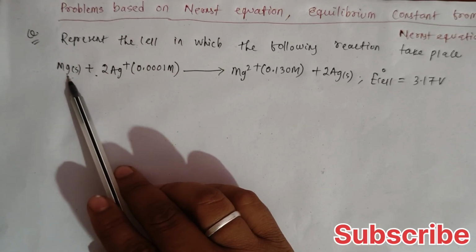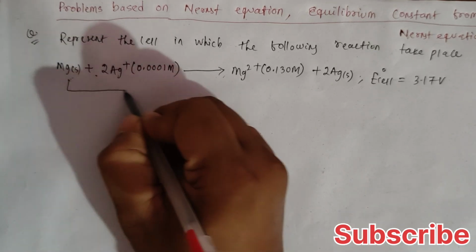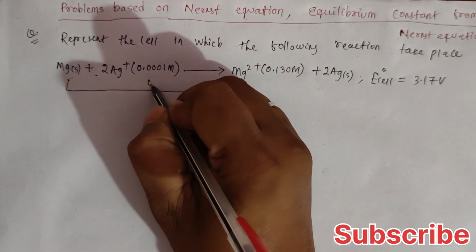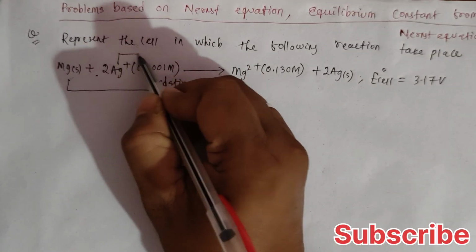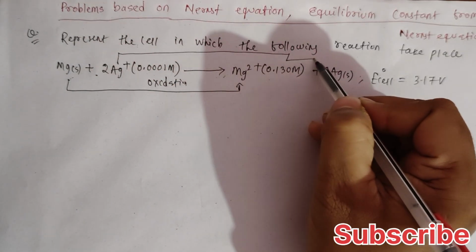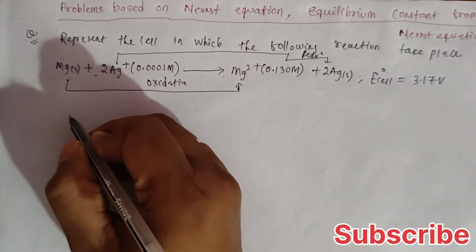Here magnesium undergoes oxidation, whereas silver ions undergo reduction.